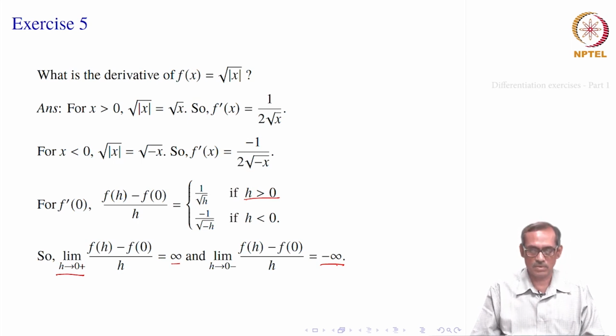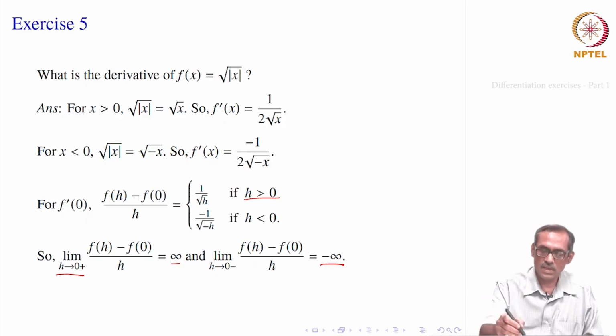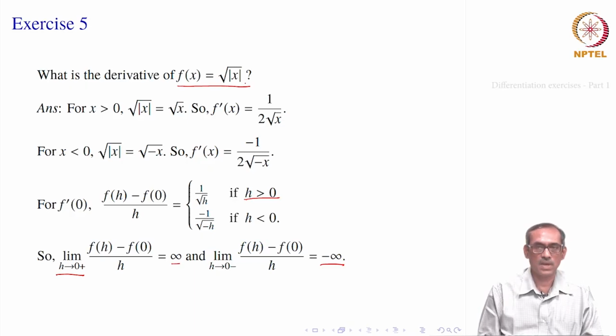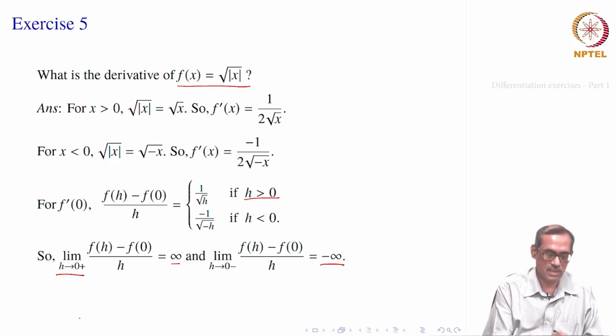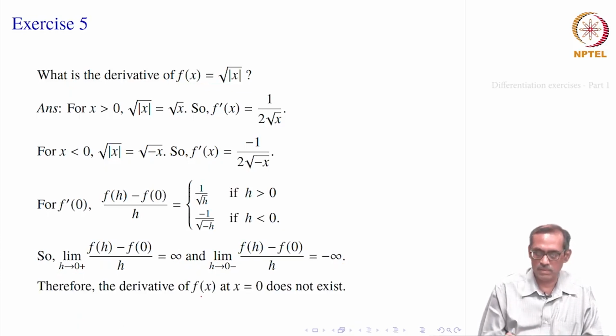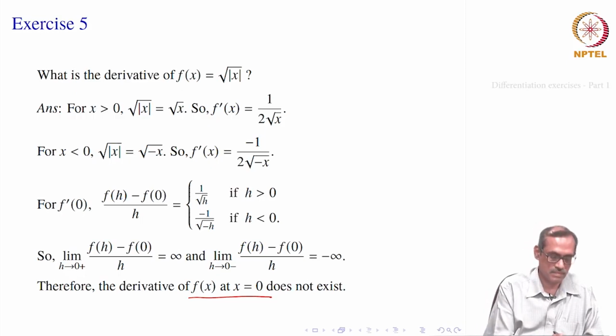Therefore, f prime 0 does not exist; the function f(x) equal to square root of mod x is not differentiable at x equal to 0. We cannot redefine it any way we like, because it blows up to infinity on one side and minus infinity on the other.